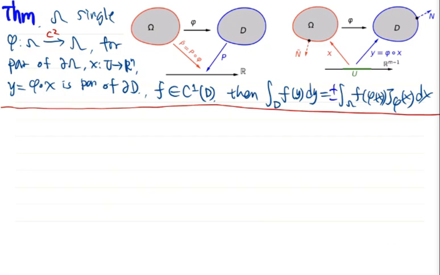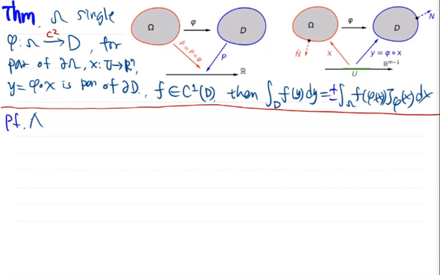Now, proof. The map phi is a map from an n-dimensional set omega to another n-dimensional set D. Here is D. So it can be expressed component-wise.